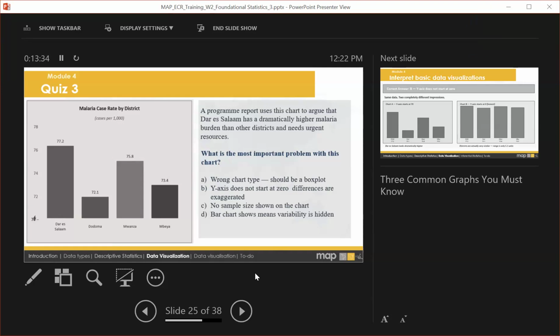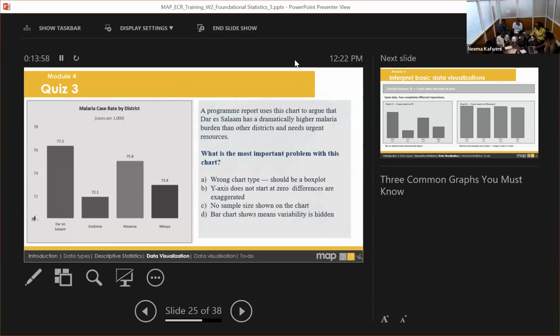Kaiser says option B is also valid. Kaiser and Victor also say B: the y-axis doesn't start at 0, so differences are exaggerated. Even to a great extent, option A is also valid, as far as I'm concerned.